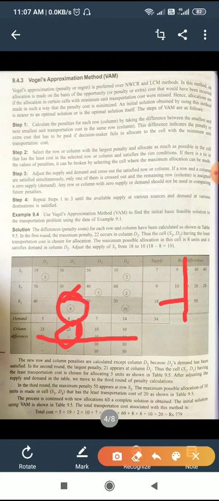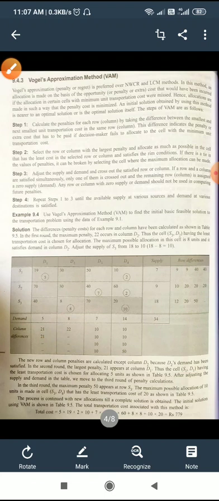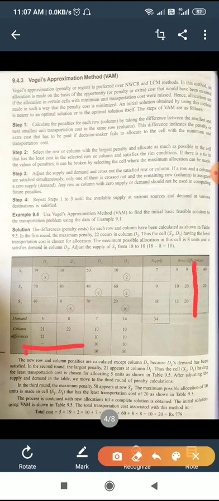We assign this. Now we find the second penalty columns and rows, and this column is satisfied, so we put dashes in this column.